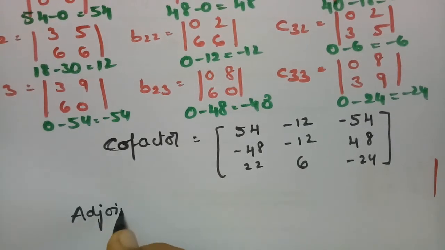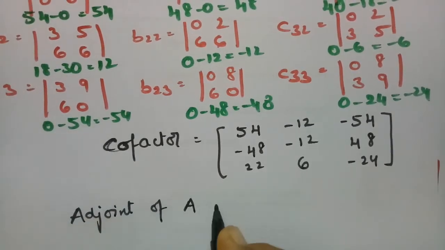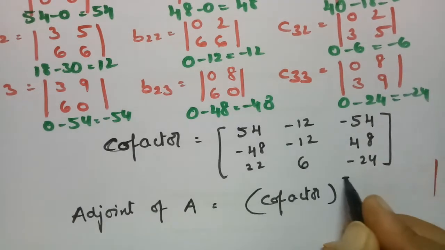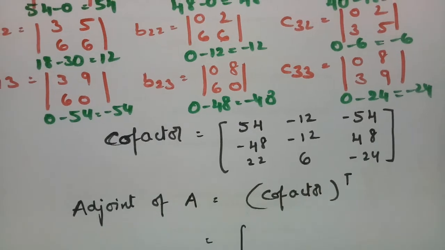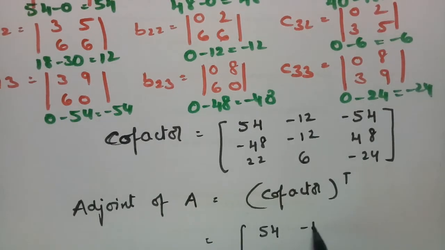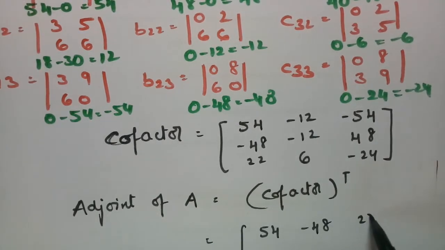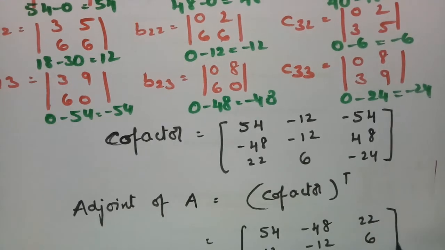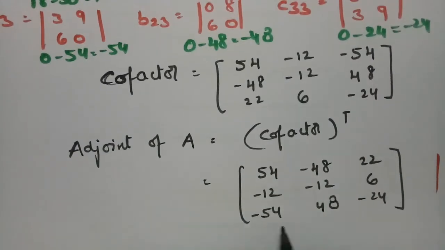Adjoint of A is nothing but the transpose of the cofactor. So we have to transpose the cofactor matrix. So this will be 54, minus 48, 22, minus 12, minus 12, 6, minus 54, 48, and minus 24, and this is the adjoint.